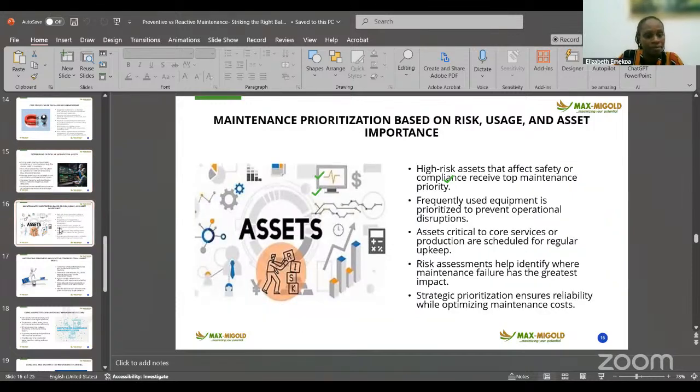Next slide, please. Maintenance prioritization based on risk and usage. It's simple: from the high risk to the low risk. Every asset we have in our facility, down to the table, down to the computer, down to the TV screen.